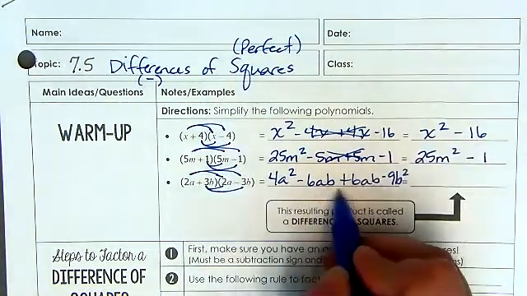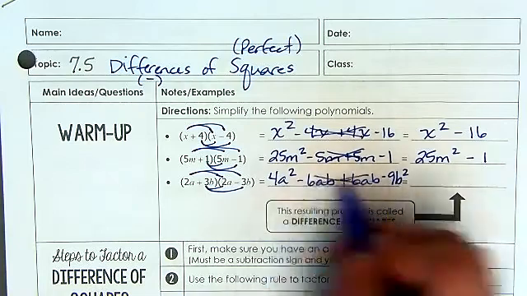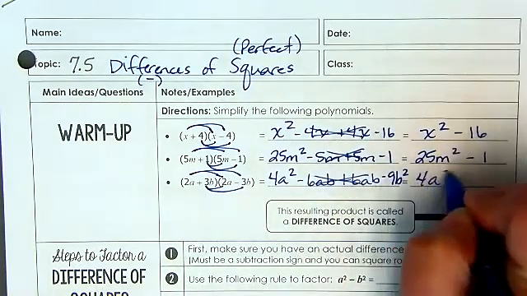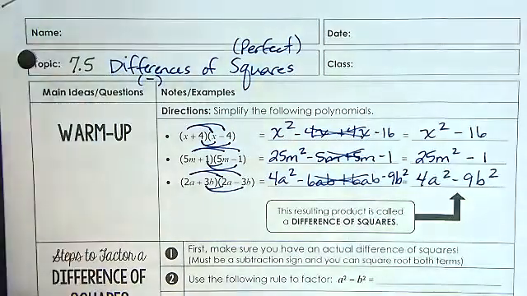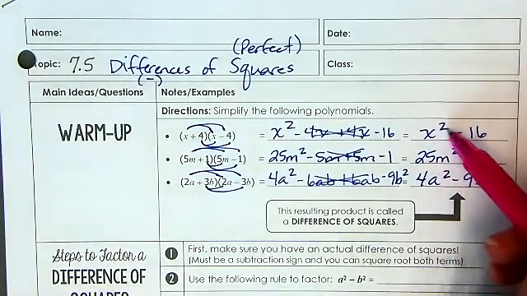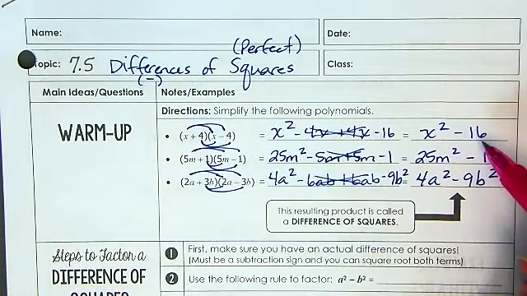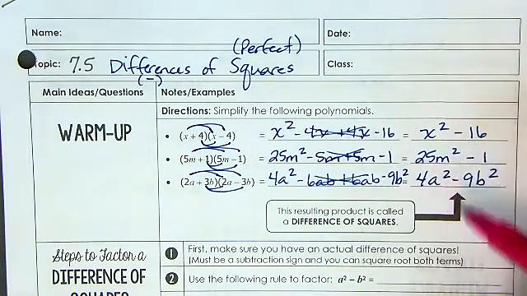And if I simplify these two middle terms, one's positive, one's negative, they cancel out, and I'm left with 4a squared minus 9b squared. What you want to pay attention to here is all of these are perfect squares. X squared, I can take the square root of. 16, I can take the square root of. 25m squared, I can take the square root of. 1, I can take the square root of. All of these are perfect squares.